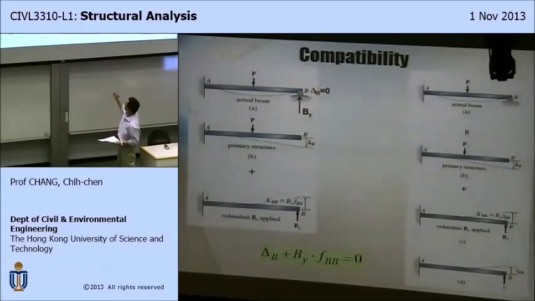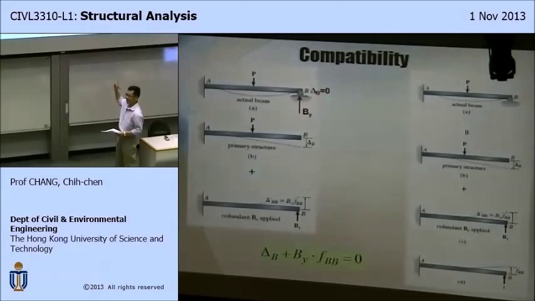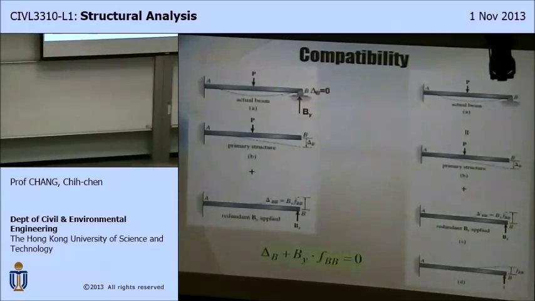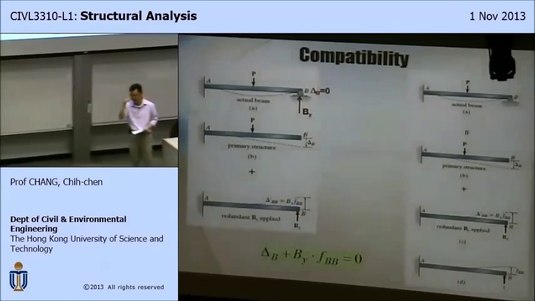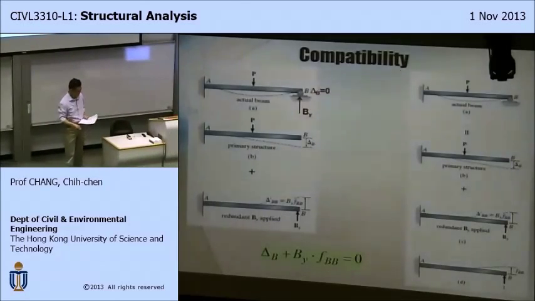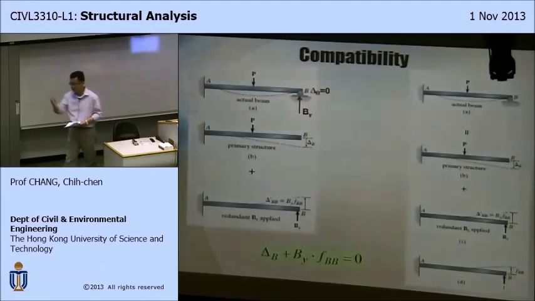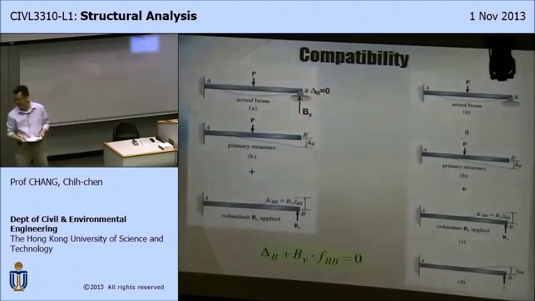All right. Can you give me a method that you can use to calculate delta B under loading P? Just one, you don't need to give me too many. Oh, good. Virtual principle. You have a positive. How about you? Next. Your name first.